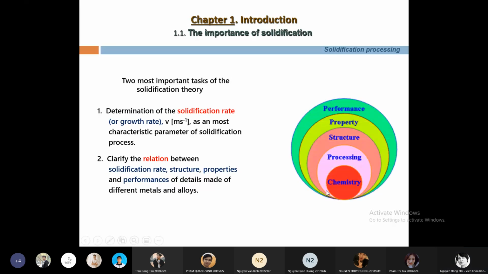Yeah. We have the solidification rate here in the processing cycle. Okay. And this is related with the structure, properties, and performance of the alloy. So we have two tasks of the solidification.